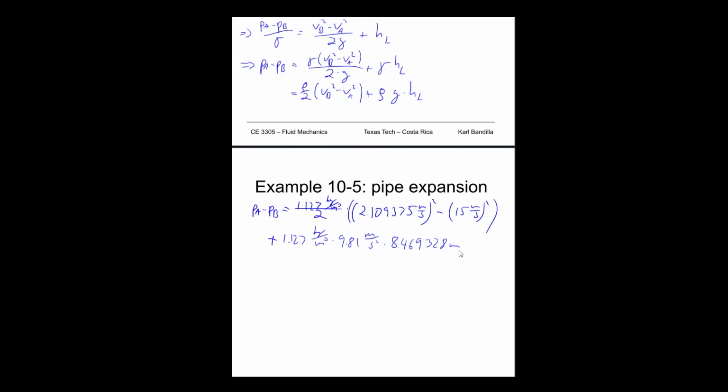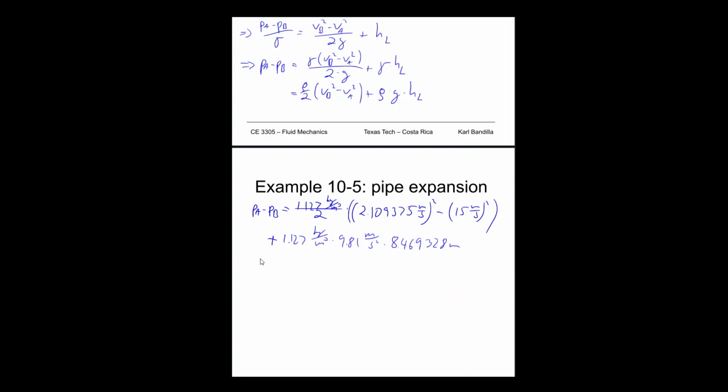So 1.127 divided by 2 times 2.109375 squared minus 15 squared, plus 1.127 times 9.81 times our 8.469328.